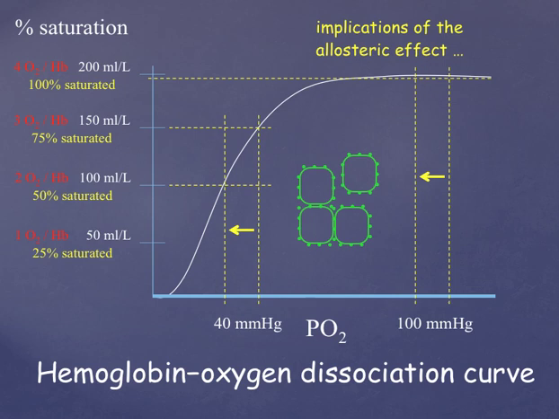So what you need to see here are, under normal conditions, partial pressure, 100 millimeters of mercury in blood leaving the lung. That's that dashed line to the far right.